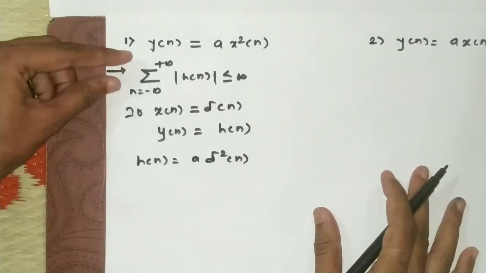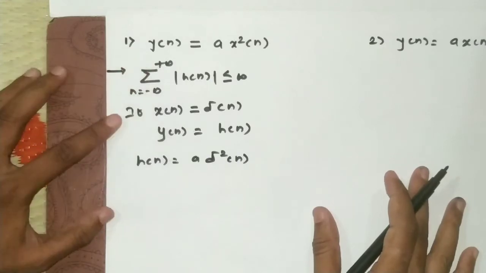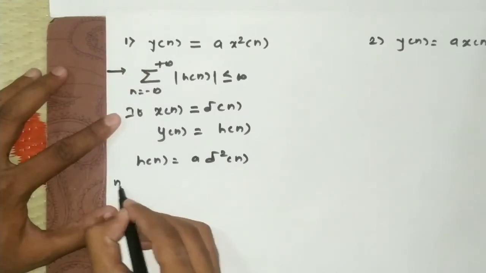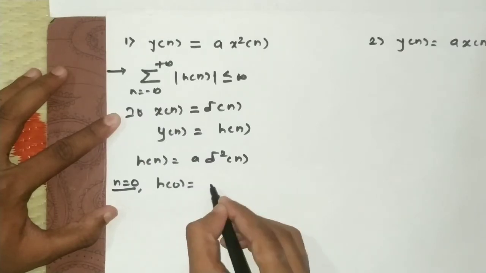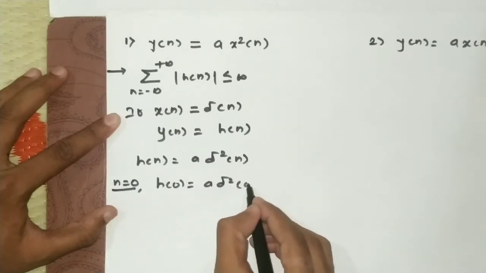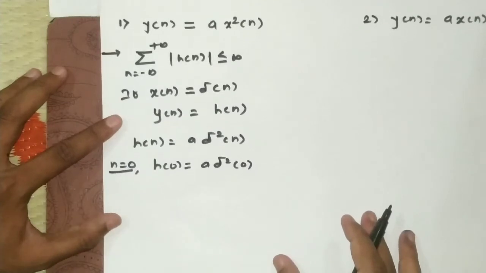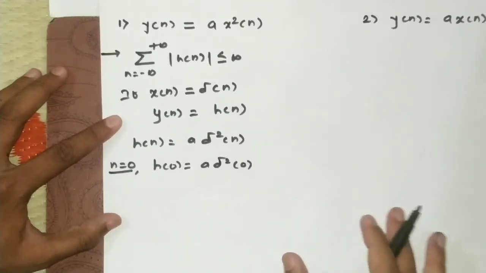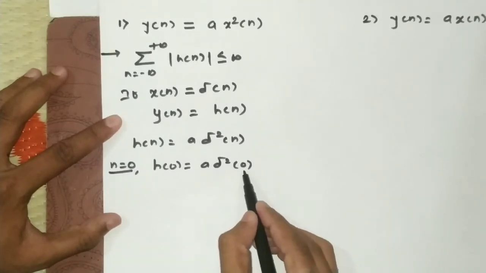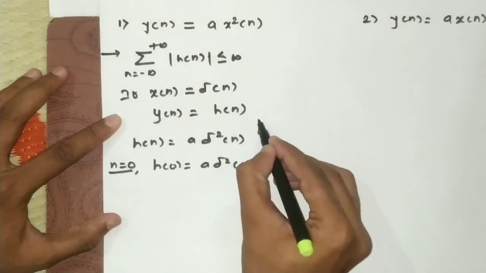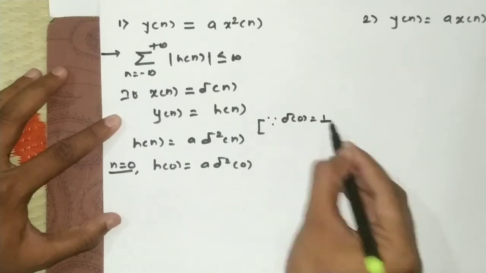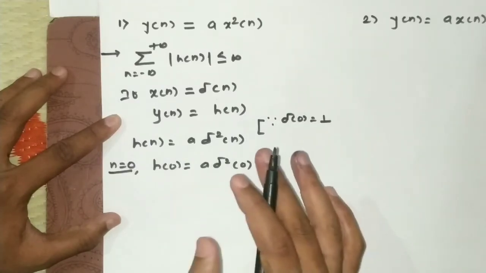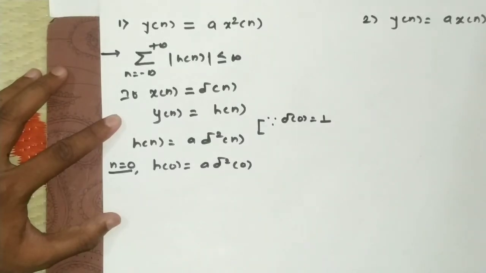Now we have to sum h of n over the limit minus infinity to plus infinity. So I am considering the first case. If n is 0, we will get the first sample value h of 0 as a delta squared of 0. Now we know the property of the impulse function. It exists only for a single value of n, that is at n equal to 0. Delta of 0 is 1, and for other values delta of n or delta of t is going to be 0.